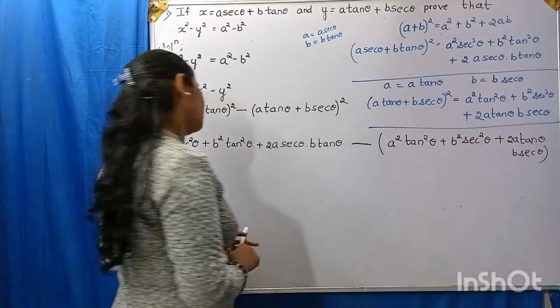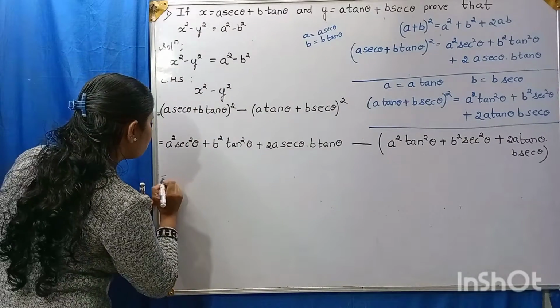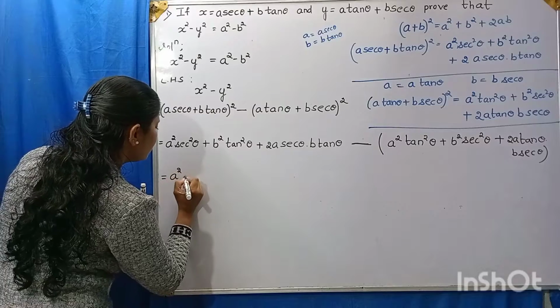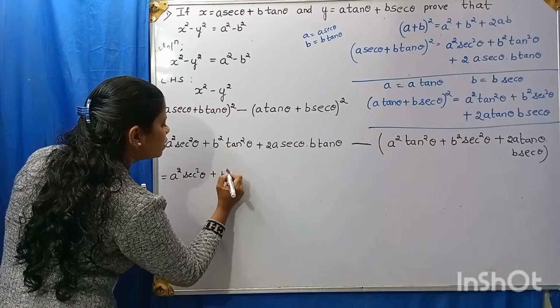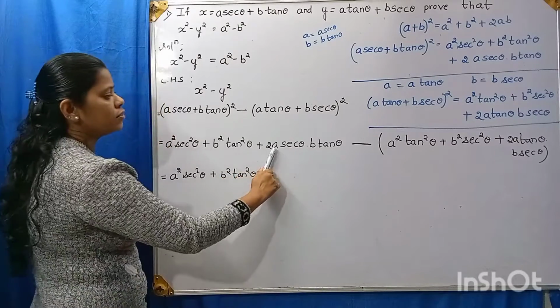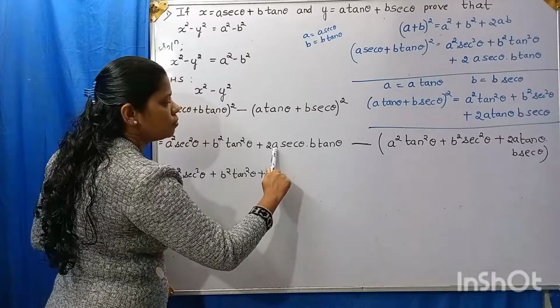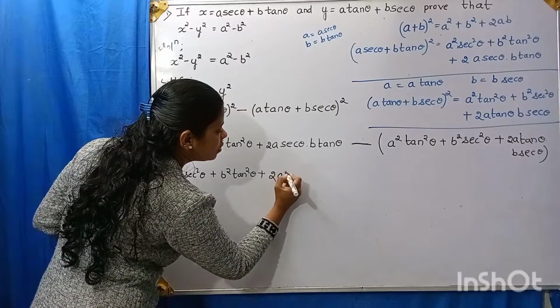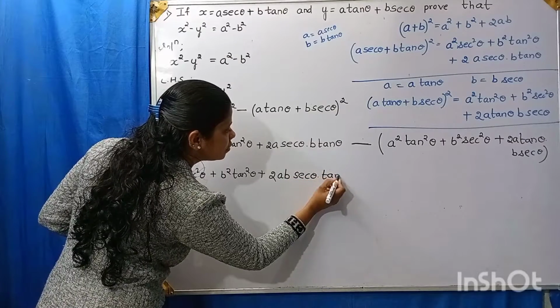Close the bracket. Now it is equal to a square secant square theta plus b square tan square theta plus 2ab secant theta into tan theta. I will write 2ab together, ab secant theta into tan theta.